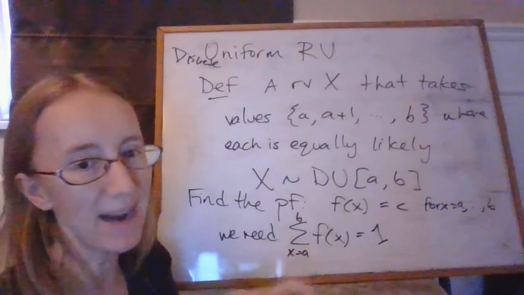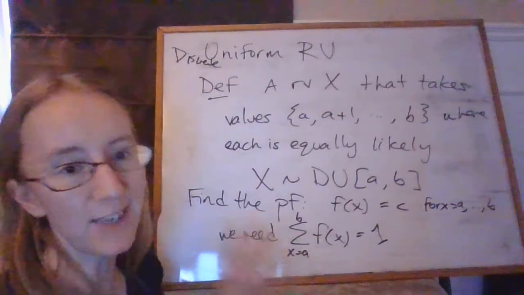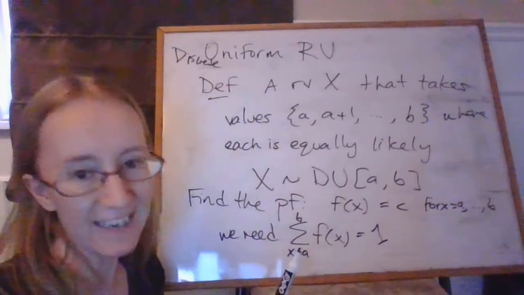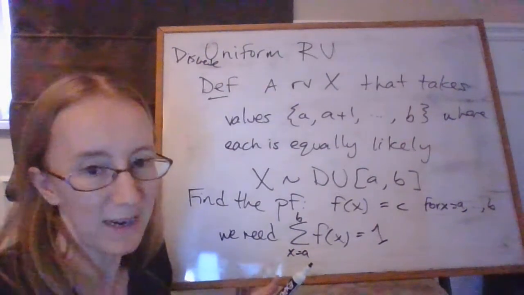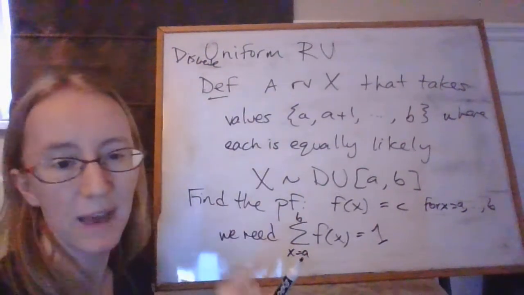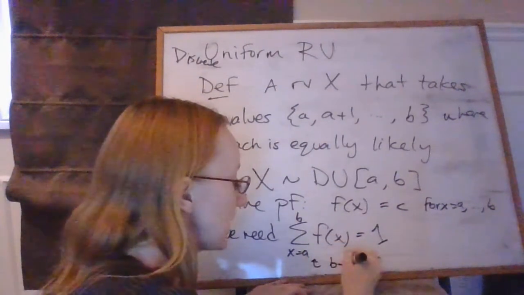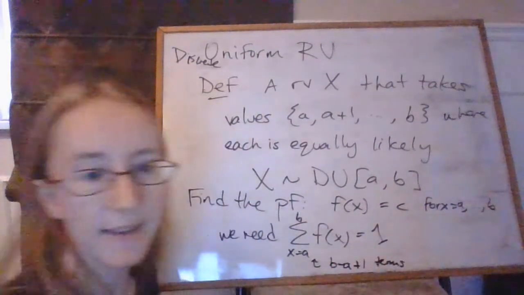There's going to be b minus a plus 1 terms in that sum. And if you don't believe me, check it with a discrete uniform on [1, 6]. If we're going from 1 to 6, there's 6 possible numbers, 6 minus 1 plus 1, because we're counting both endpoints. So there's b minus a plus 1 terms in that sum.